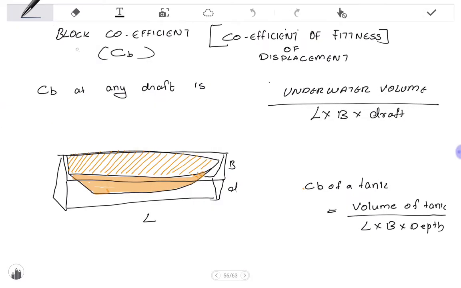Another thing is block coefficient, known as CB. This block coefficient is also referred to as coefficient of fitness of displacement.